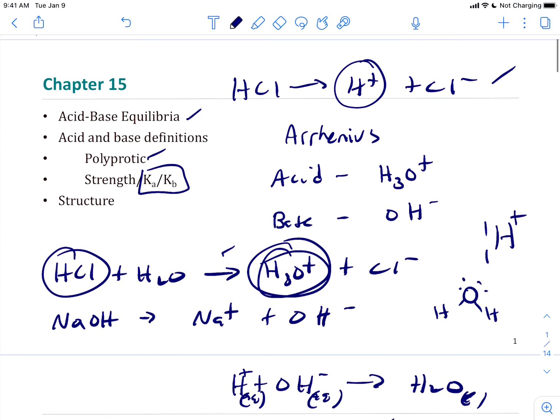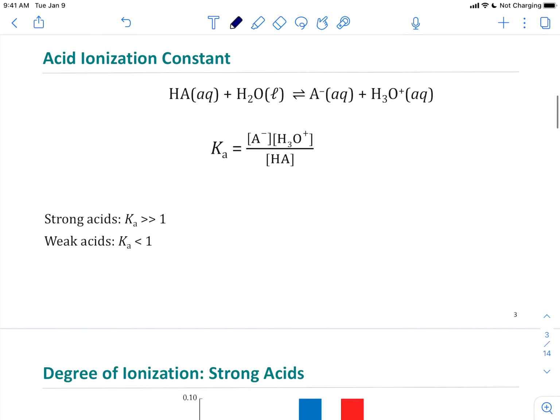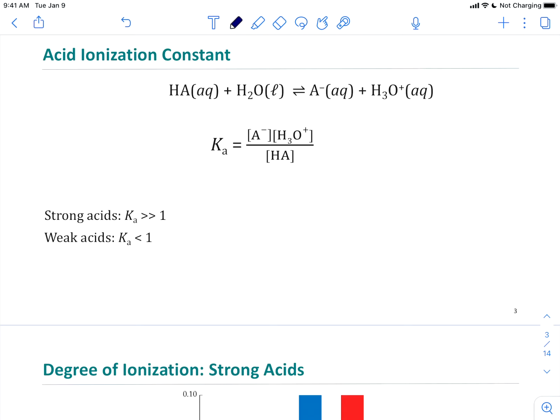Now, I'm going to go on and talk about the strength of acids and bases and what Ka and Kb mean. As I said, Ka and Kb are just equilibrium constants. Here is Ka, written as products over reactants. Once again, pure liquid water's concentration doesn't change, so it doesn't need to be included in your equilibrium constant. Strong acids have Kas much greater than 1, products over reactants.